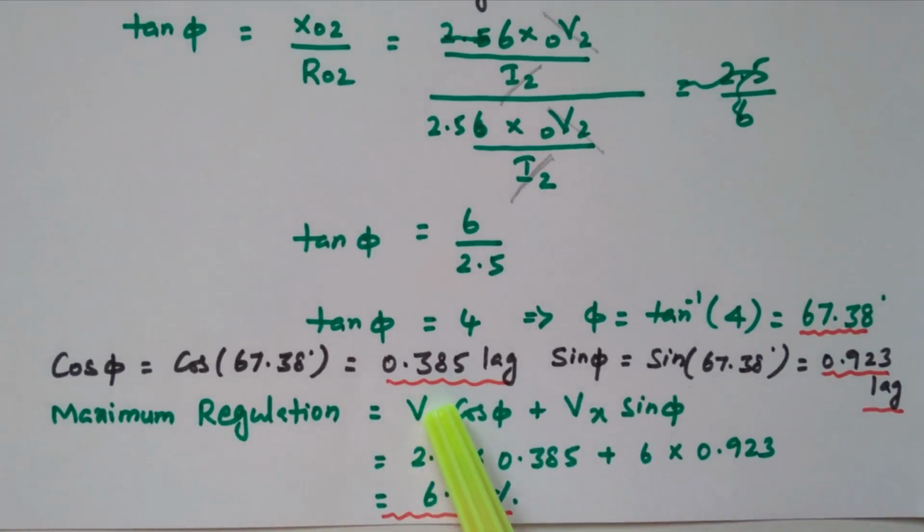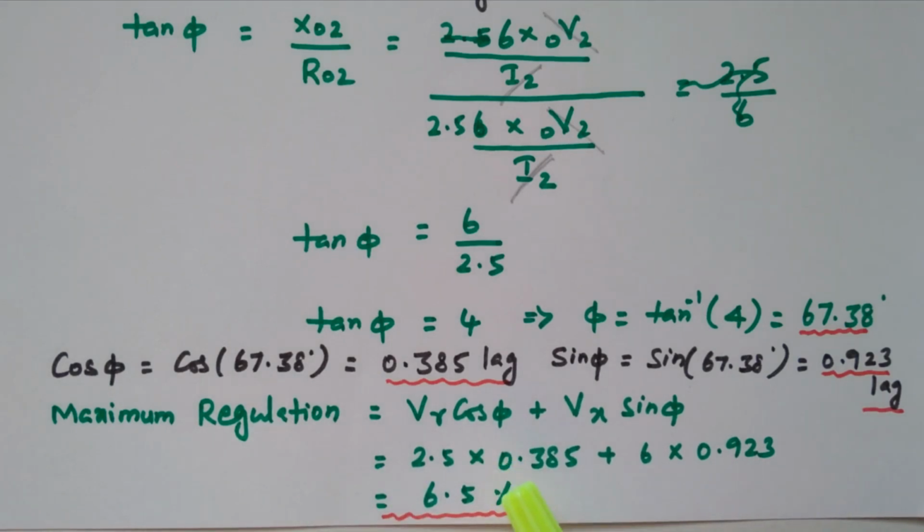VR is already given, it is 2.5, cos phi value is 0.385, Vx is 6%, and sin phi is 0.923. All values are substituted, and by simplifying this we got 6.5%.